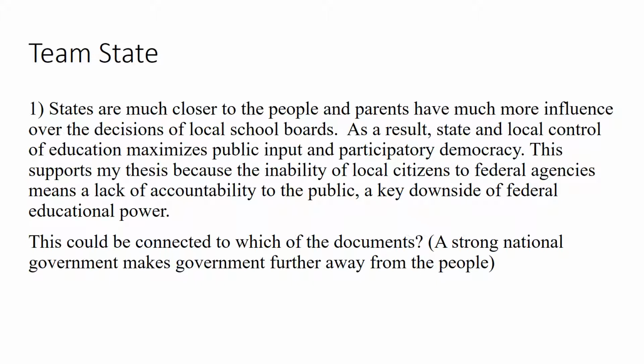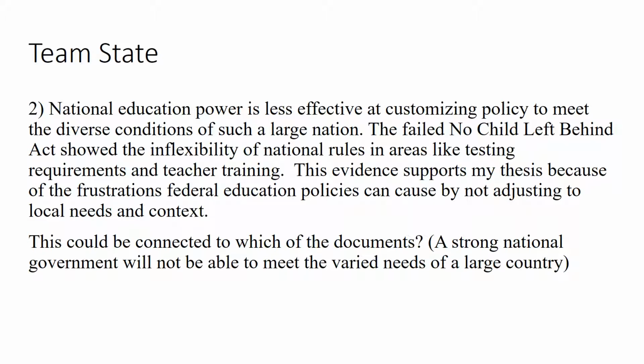So again, this example has that reasoning piece. This supports my thesis because of the inability of local citizens to control the educational policy, they won't be accountable to the people, and that's a bad thing for the states and for the public.